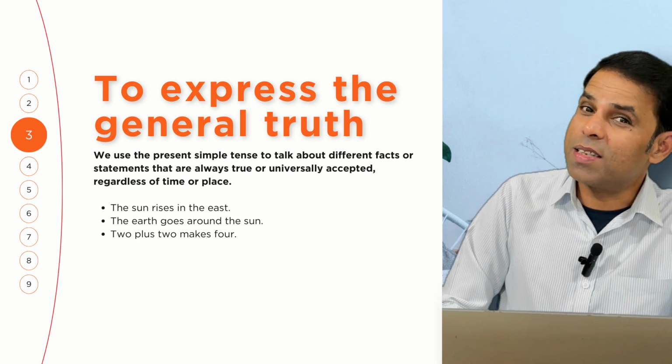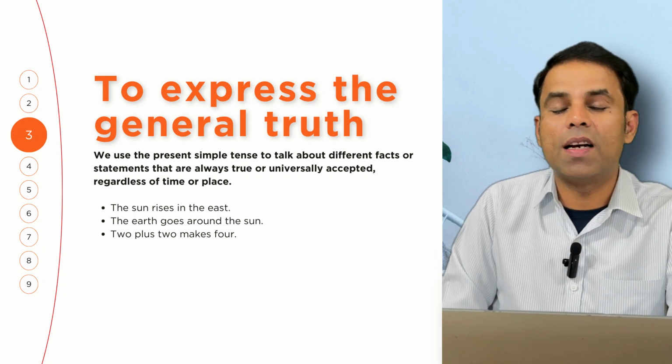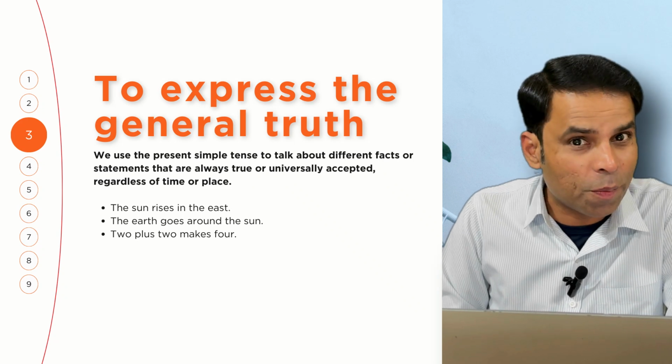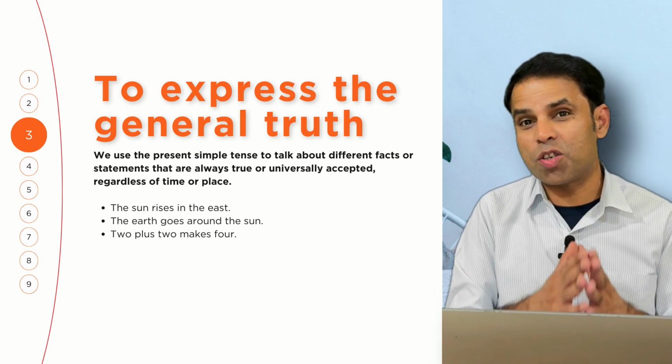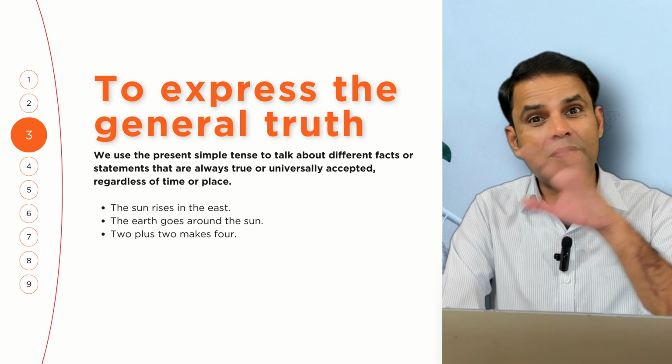For example, the sun rises in the east, or the earth goes around the sun, or 2 plus 2 makes 4. So these are universal truths, something which is accepted universally.